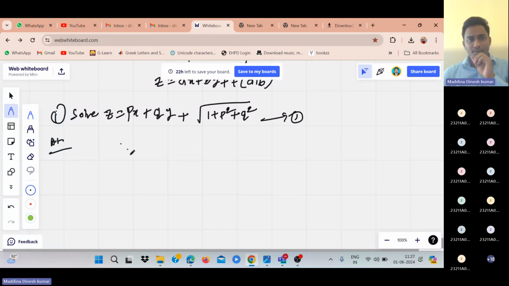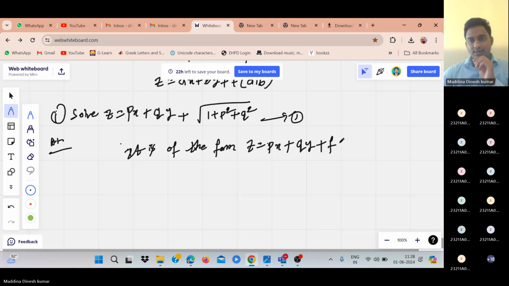It is of the form Z equal to Px plus Qy plus f of P comma Q. Okay.